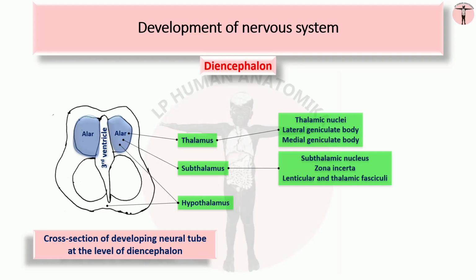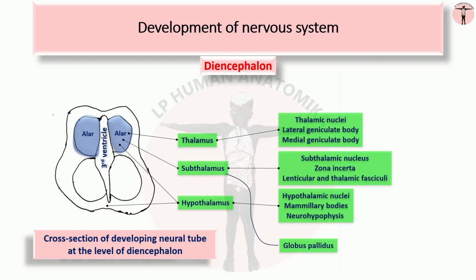The subthalamus gives rise to neuroblasts that migrate into the white matter of telencephalon, developing into globus pallidus, which is a part of basal ganglion. The hypothalamus includes hypothalamic nuclei, mammillary bodies, and neurohypophysis, that is the posterior pituitary.